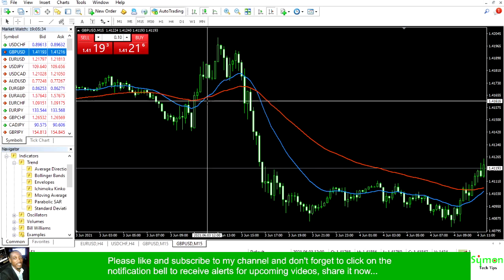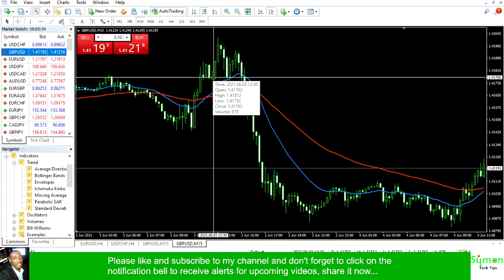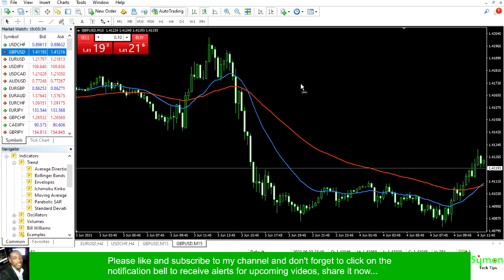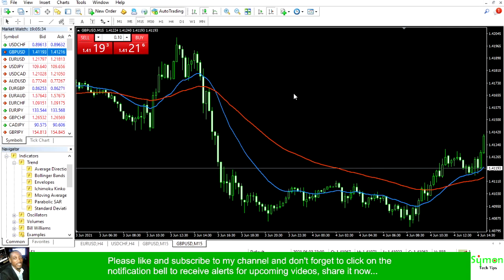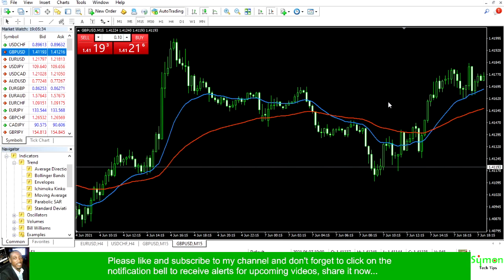So we had another cross here, okay, and the next candle is going to give us our entry. Our stop loss is going to be 13 pips or 15 pips. Take profit 15 pips. It got hit here. So we have 10 trades so far, only 1 loss and 9 take profit hit.